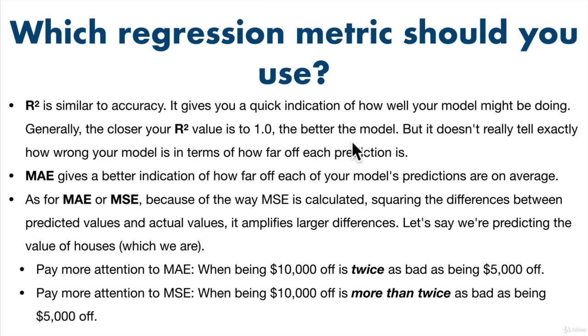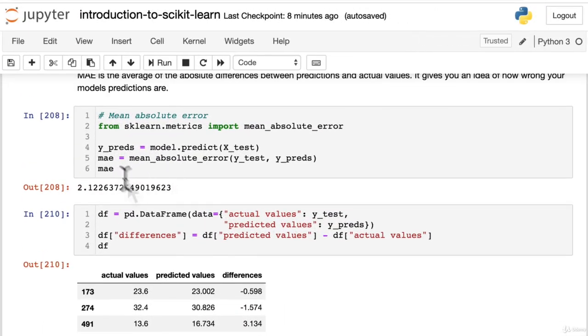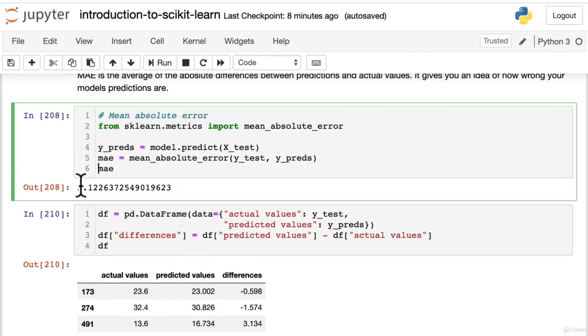But as we've seen before, R squared doesn't really tell us exactly how wrong our model is in terms of how far off each prediction is. For that, mean absolute error gives a better indication of how far off each of your model's predictions are on average. That's when we saw this one here, right? On average, each of our model's predictions is about 2.12 away from what it actually should be, whether that's positive or negative.